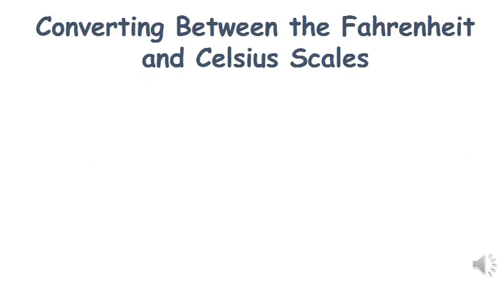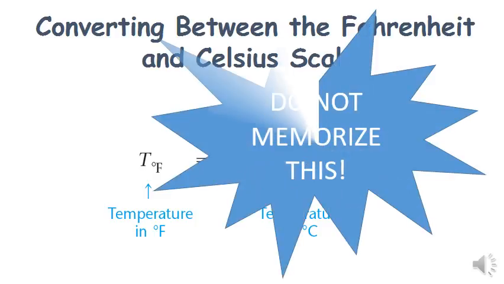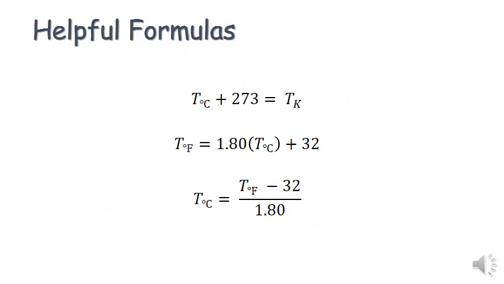Converting between the Fahrenheit and Celsius scales is not as easy. The good news is there is a formula. The bad news is, oh, well, there isn't any bad news because I'm not going to ask you to memorize it. Yay, there's once I actually say, don't memorize this. I just want you to know how to use it. Here are 3 helpful formulas.